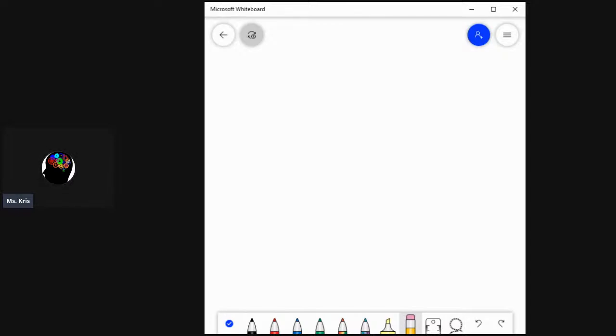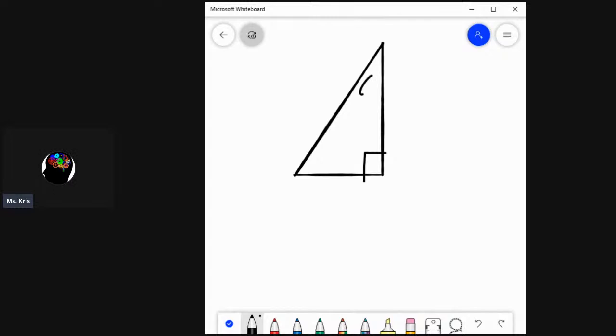Now, where there's a 45, 45, 90, there's also a 30, 60, 90. Because, of course, all of the angles must add up to 180.